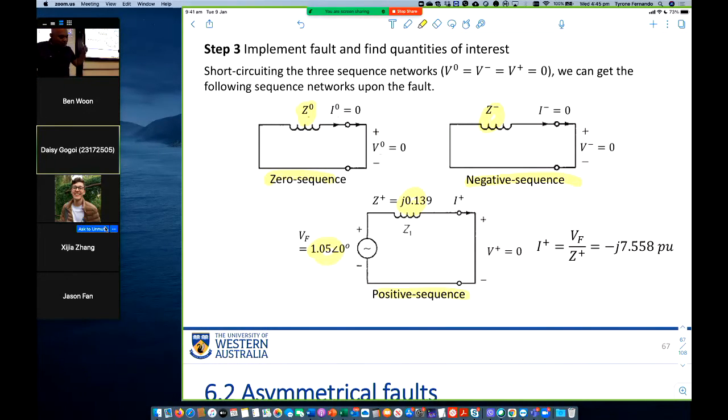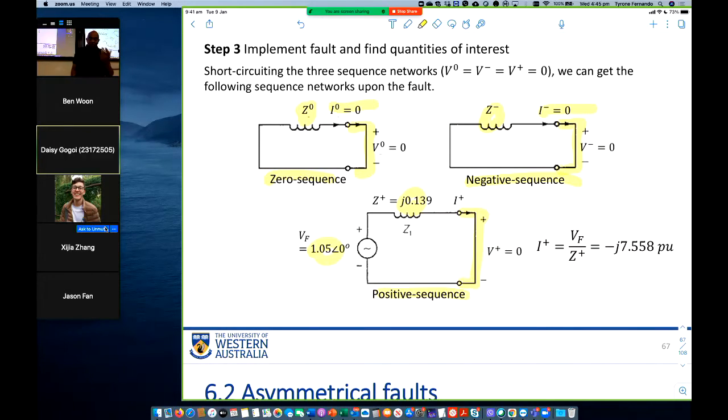Now, what we said in this example, if it's a balanced three-phase fault, in other words, all three lines are going to connect to ground, all we do is we connect a short circuit across all the three decoupled circuits, calculate the zero sequence current, negative sequence current.